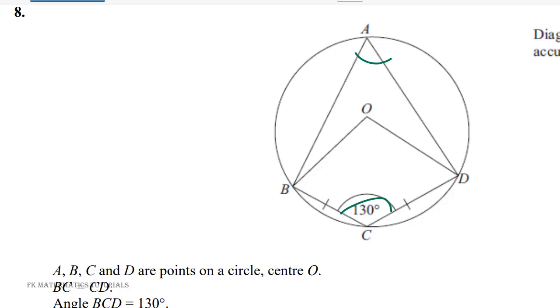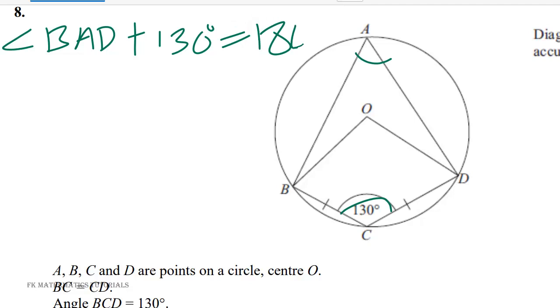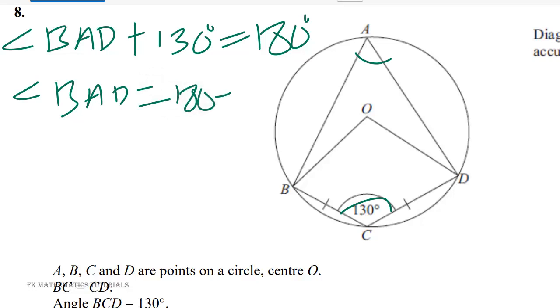So angle BAD, so you can write that reason. Angle BAD, when you add it to angle 130 degrees, which is angle BCD, you should get 180 degrees. So angle BAD should be equal to 180 minus 130.